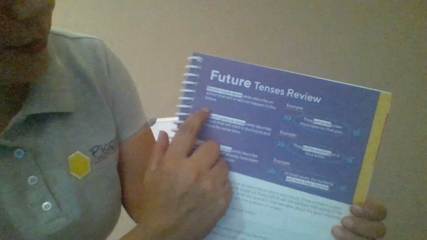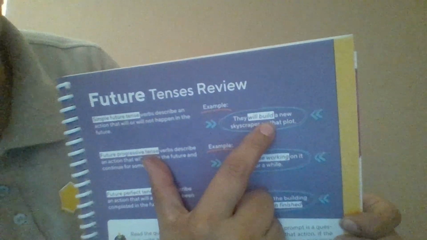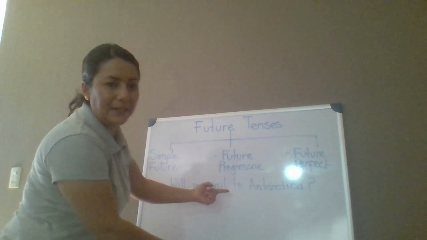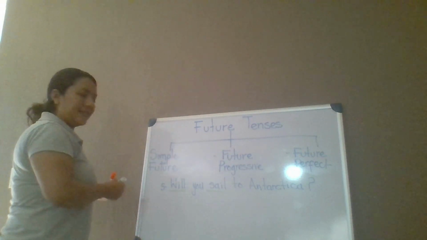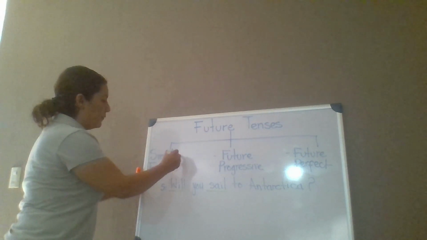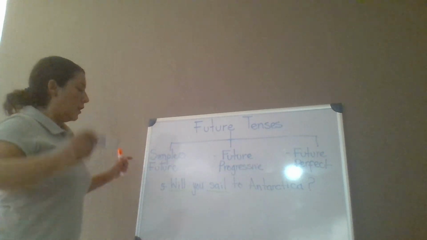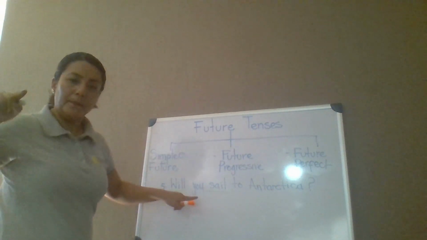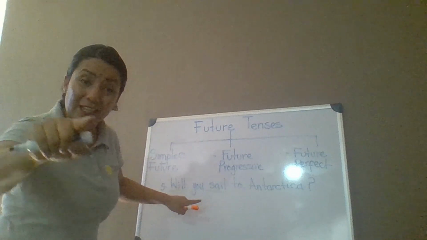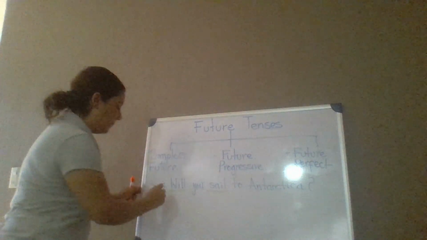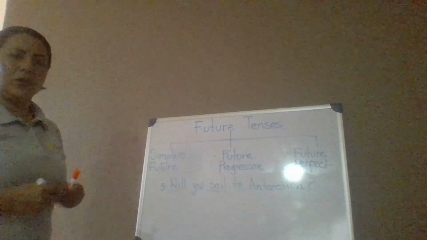Let's start with simple future. Will plus a verb. Will plus a verb. So, what is that? Simple future. This one right here. So the answer is, will you sail to Antarctica?